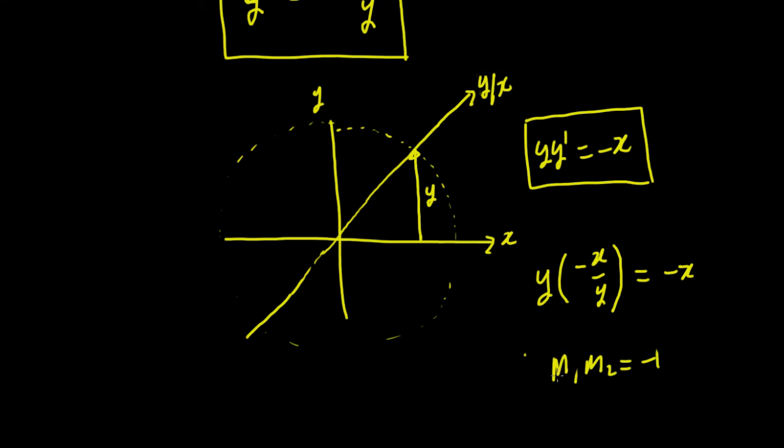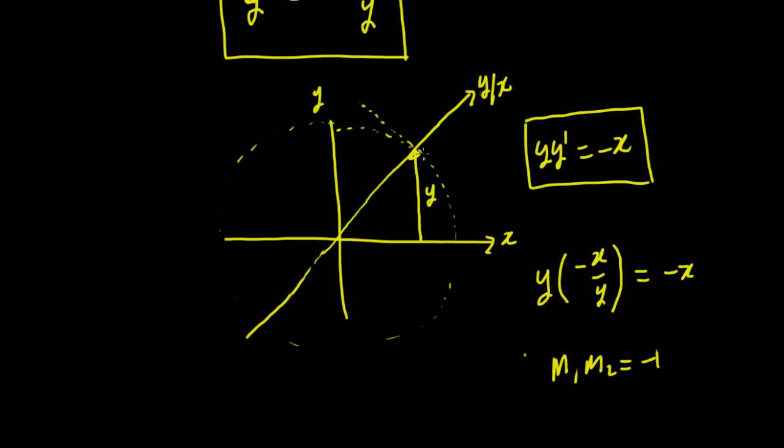So the gradient of the line that's running perpendicular in this instance, rather than being y upon x, is going to equal minus x upon y.